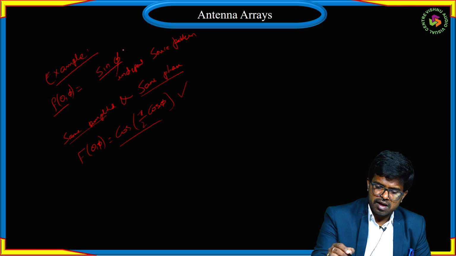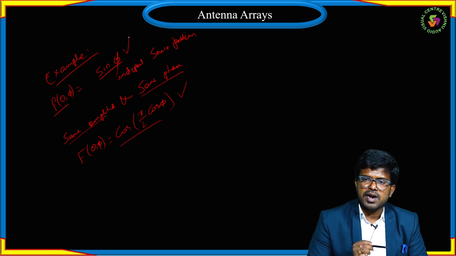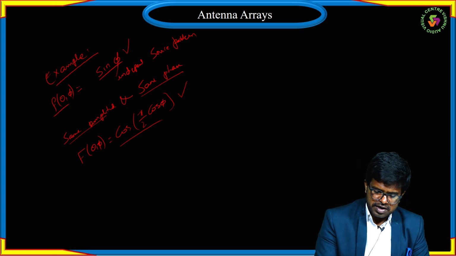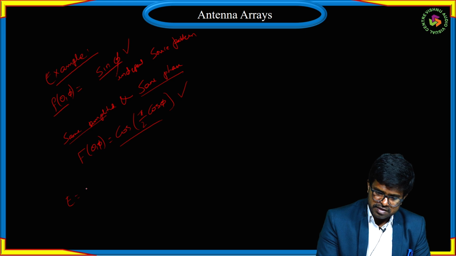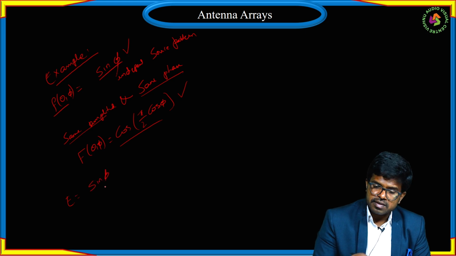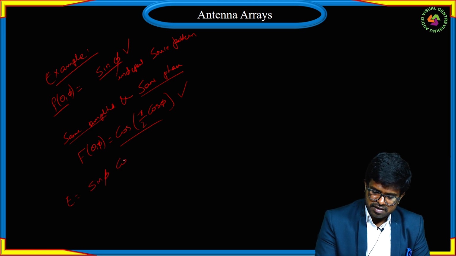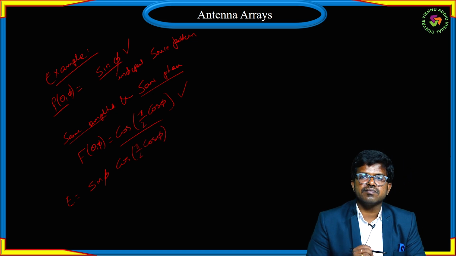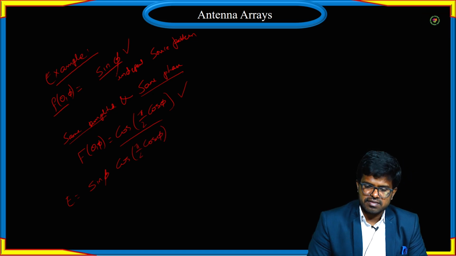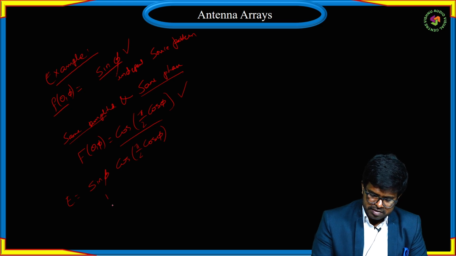This is the field pattern due to independent source. So the resultant electric field is sin pi into cos of psi by 2 cos pi. If they are arranged like this, what will you get? This is sin pi.